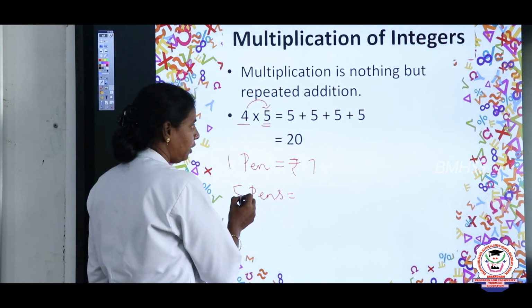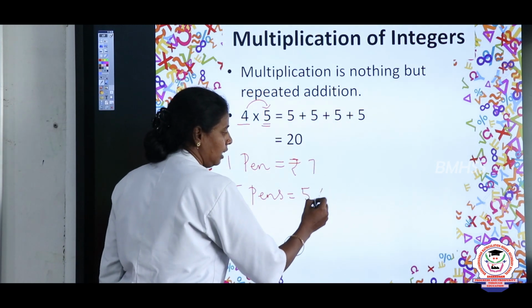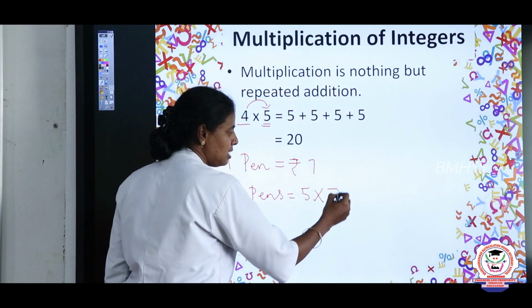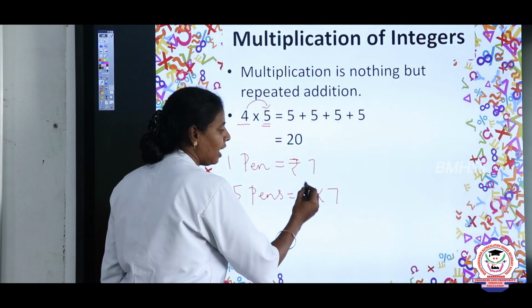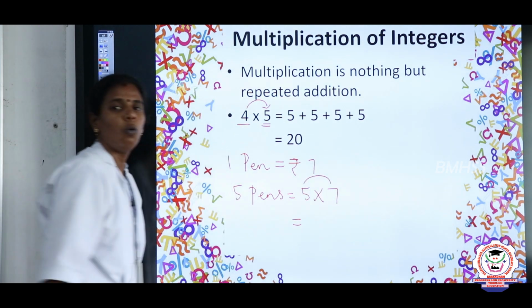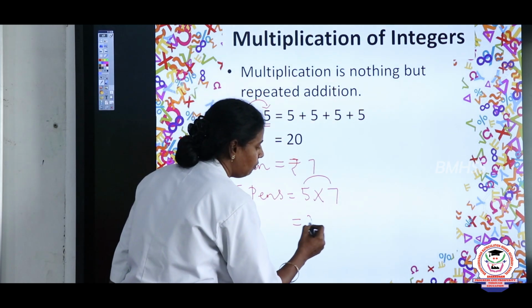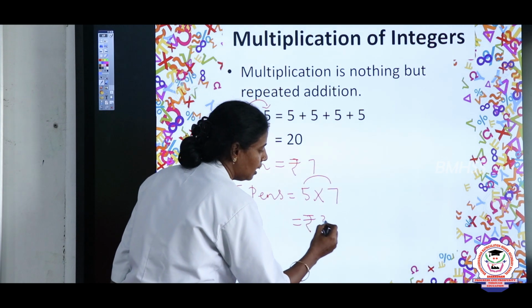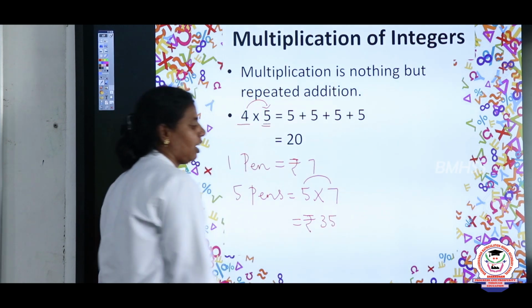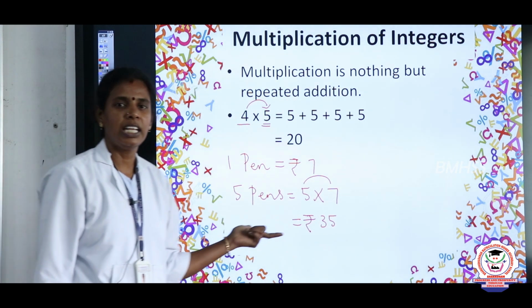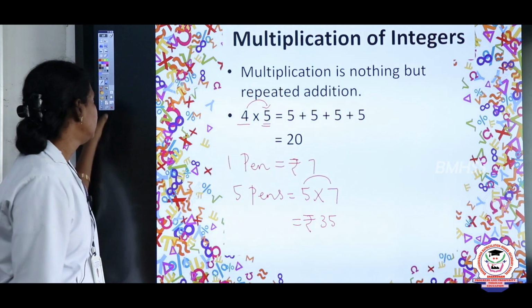How many pens are you going to buy? 5 into the cost of one pen, which is 7. So 5 into 7. What are 5 7's? Yes, 5 7's are 35. So the cost of 5 pens is rupees 35. So we are using multiplication in our day-to-day life.